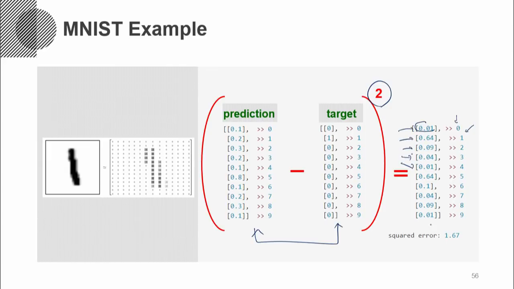And then altogether, if we sum them up, we can consider how bad this output is as this value of 1.67. So our neural net can be trained or optimized by minimizing this resulting error, which considers the difference between this desired output and the model output.